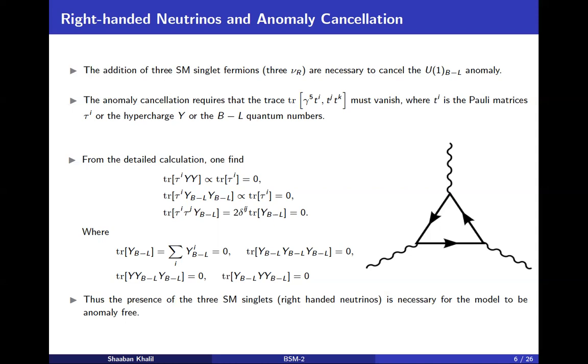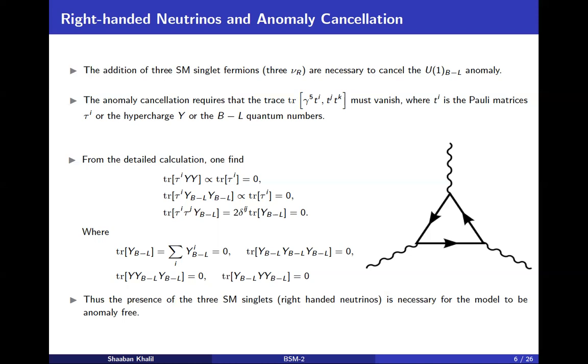First of all, the trace of the Pauli matrices, in case of you having the gauge boson of SU(2), will vanish, and the sum of the B minus L charges should be 0. Sum of all charges, exactly like in the Standard Model.